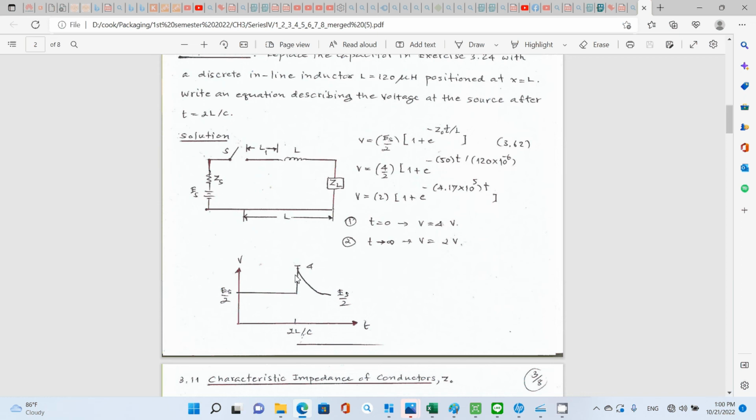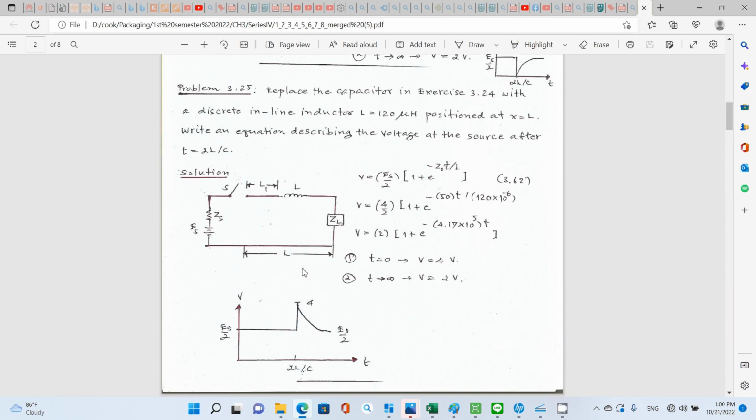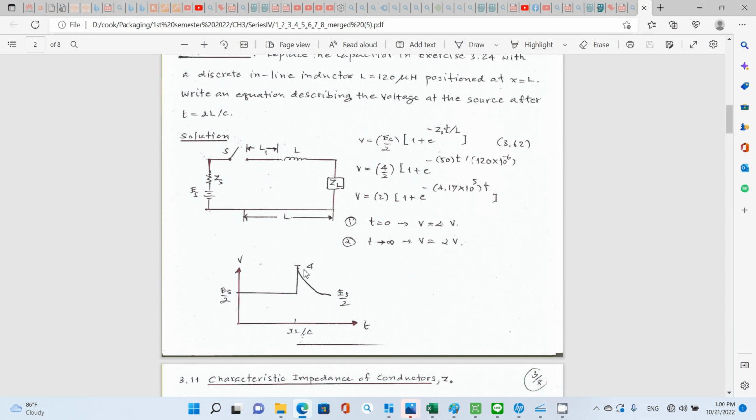And then as T goes to infinity, this term drops. So you have the final voltage to be 2 volt. Okay, let's come back to V forward, which is ES over 2.